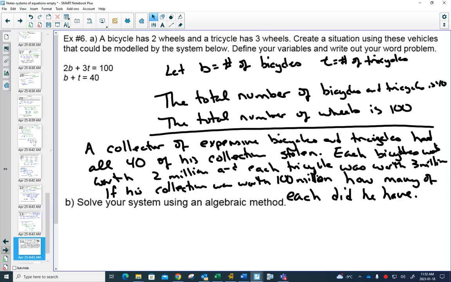Do you see that it still makes the same equations? You would still have the total number is 40. And now the first equation is in money instead of in wheels. And it's in millions of dollars rather than a $2 bicycle and a $3 tricycle.